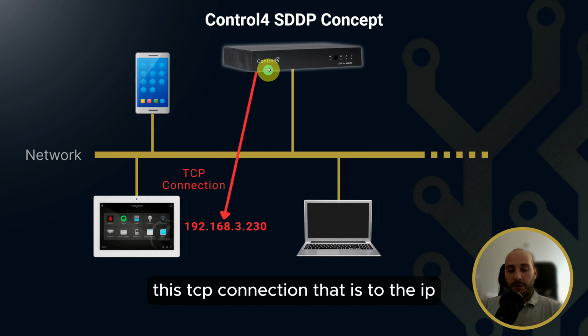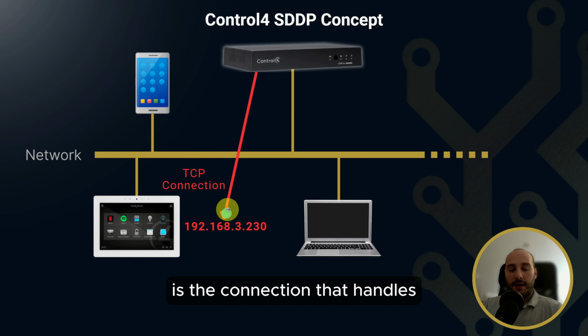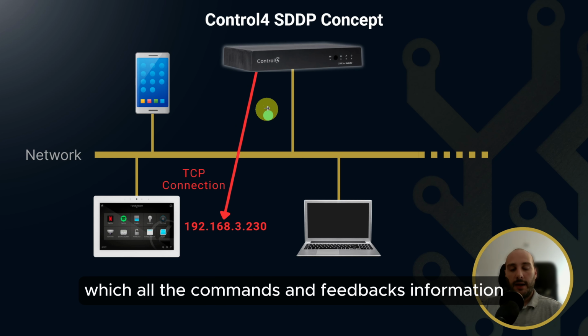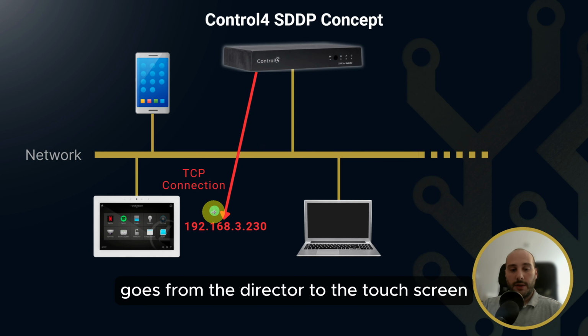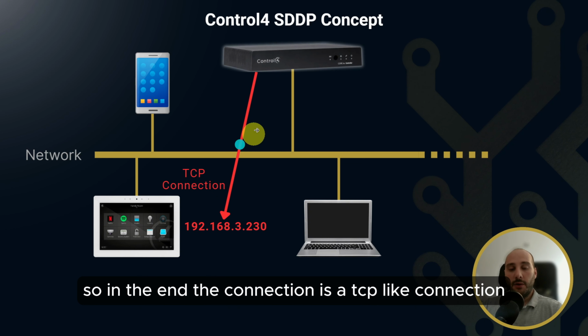This TCP connection is the connection that handles all the communication between the device and the director. This is the channel through which all the commands and feedback information go from the director to the touchscreen. So in the end, the connection is a TCP-like connection.